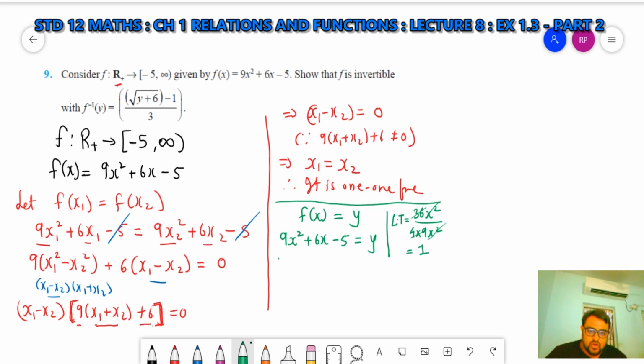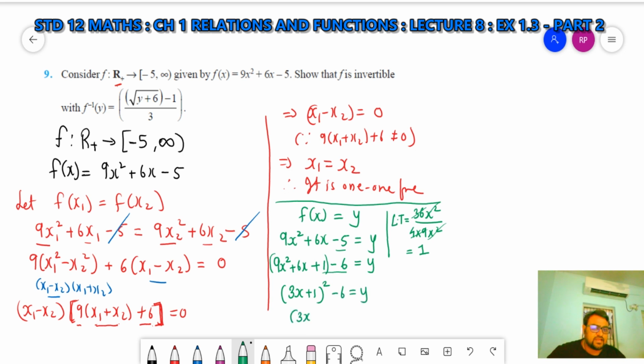So now I will write 9x² + 6x, then it's minus 5, so I can write plus 1 minus 6, equal to y, because 1 minus 6 is equal to minus 5. Now this is a perfect square: (3x + 1)² - 6 = y.